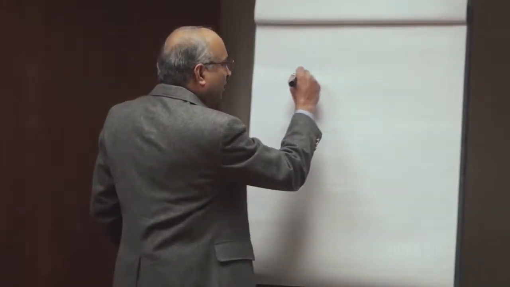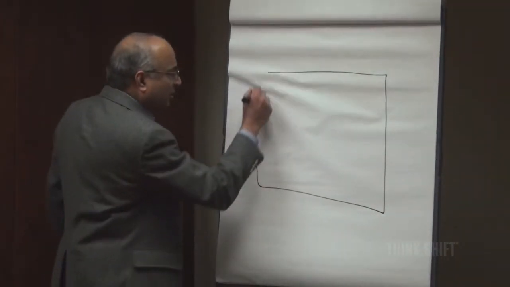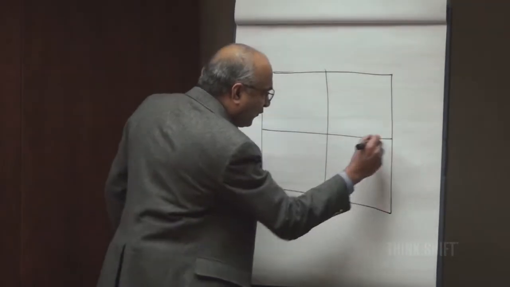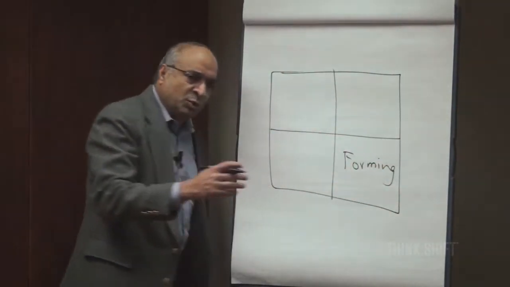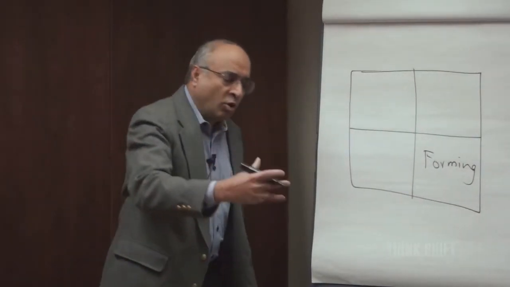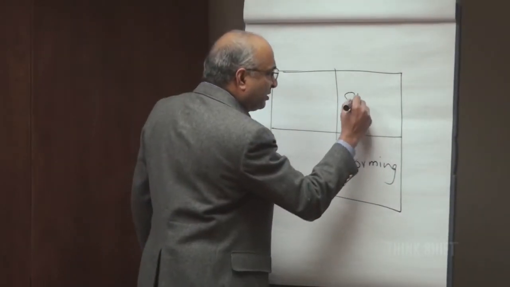Bruce Tuckman said when a leader forms a team, the team goes through 4 stages, and he described the stages as forming. This is where the team is formed. Storming.